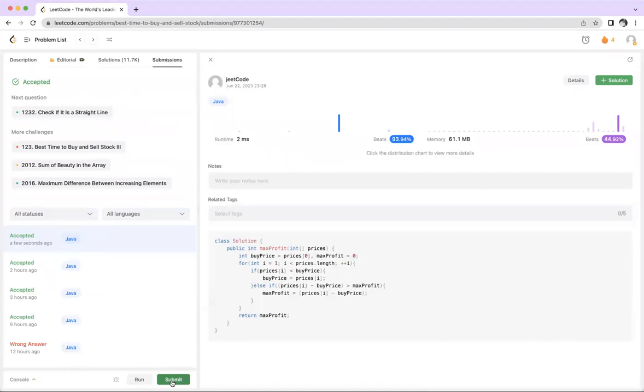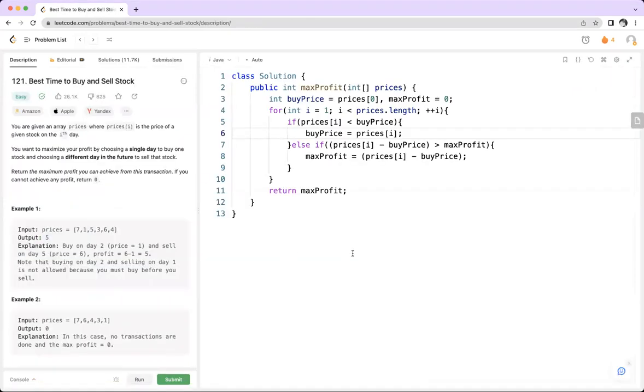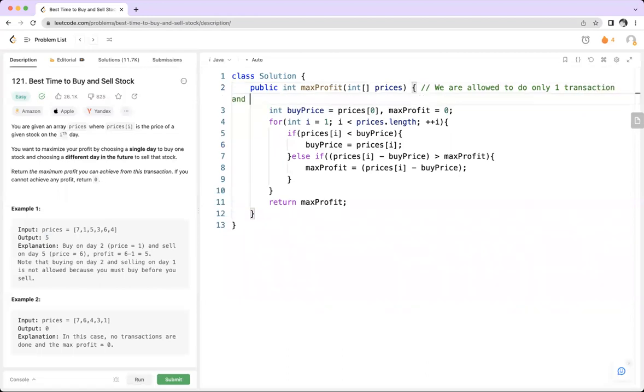Perfect. So this is the way we can solve this problem. The main thing we need to understand here is that amongst all the array of prices, we are allowed to do only one transaction, and that transaction should give us the maximum profit.